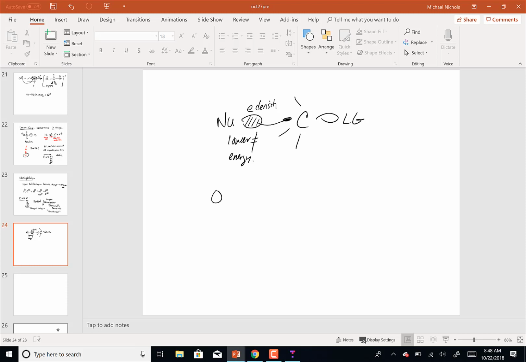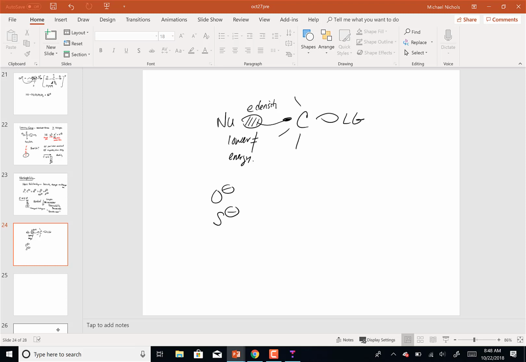But if I had an O minus and an S minus, and I put them the way they are on the periodic table, which one would be the stronger nucleophile? S minus?